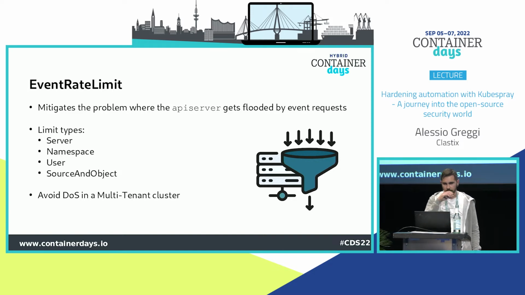And for each tenant, there is a small percentage of these workloads that are not working, essentially. So they are generating failures and errors, and these errors are essentially events. And these events are going to flood the API server.